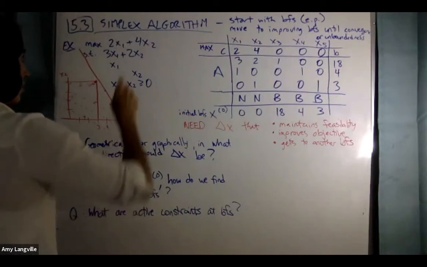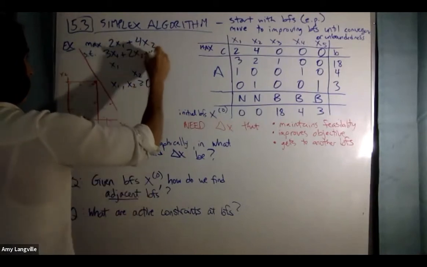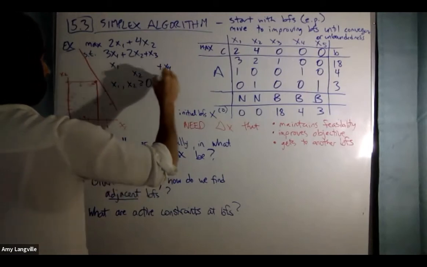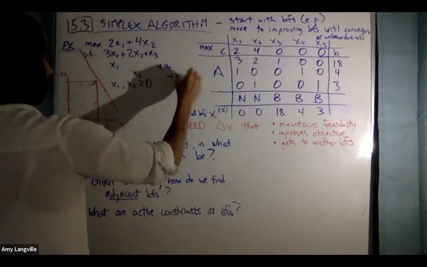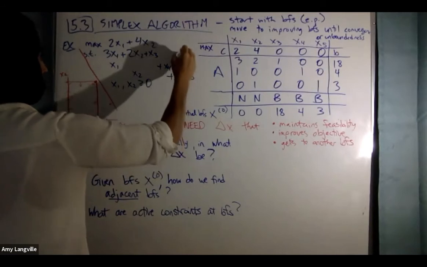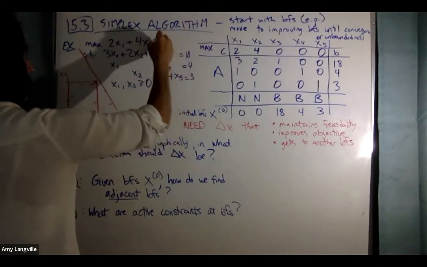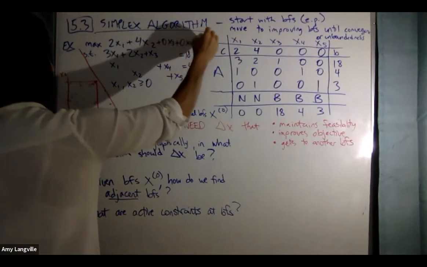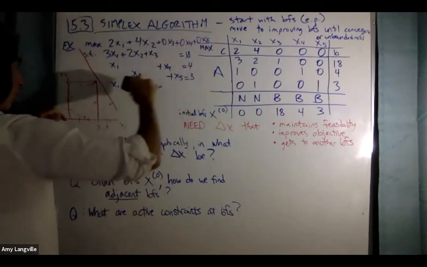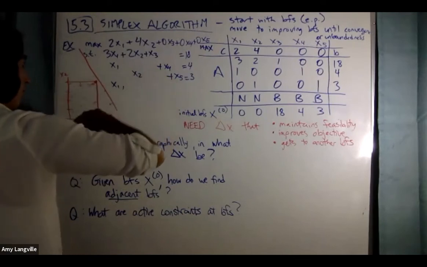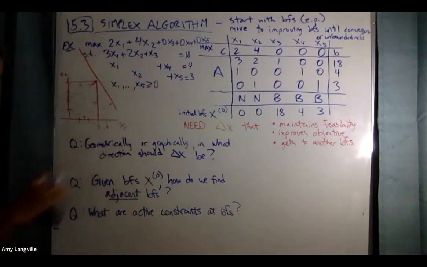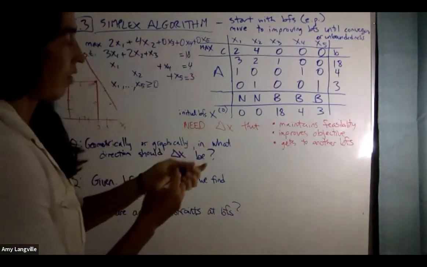So we need a plus x3 equals 18, a plus x4 equals 4, and a plus x5 equals 3. And then there'd be a 0x3 plus a 0x4 plus a 0x5 in the objective. x1 through x5 greater than or equal to 0.